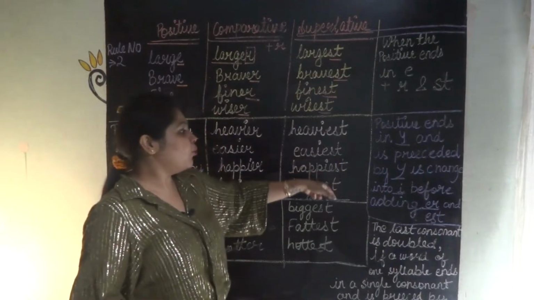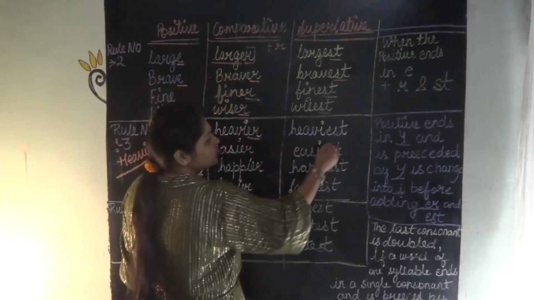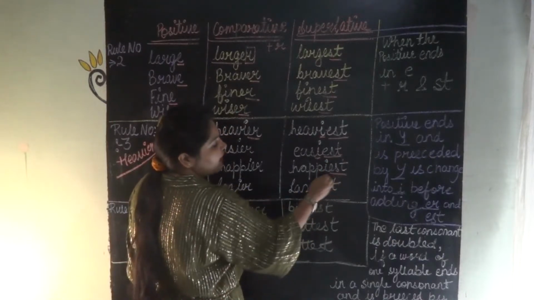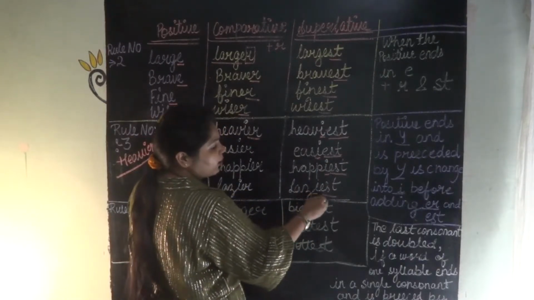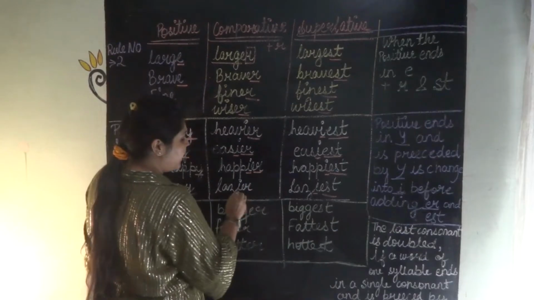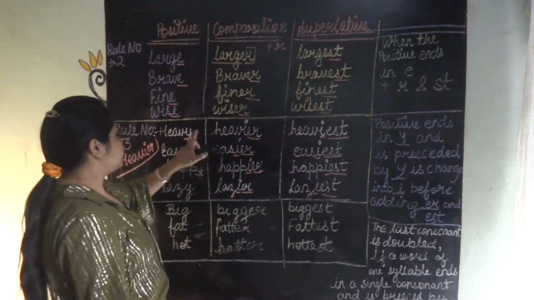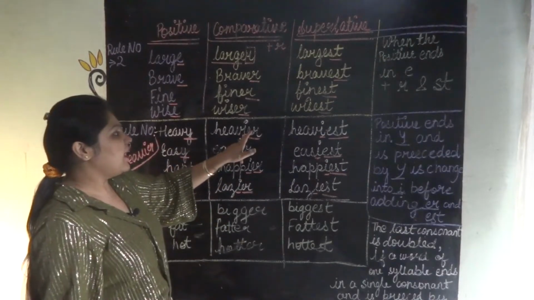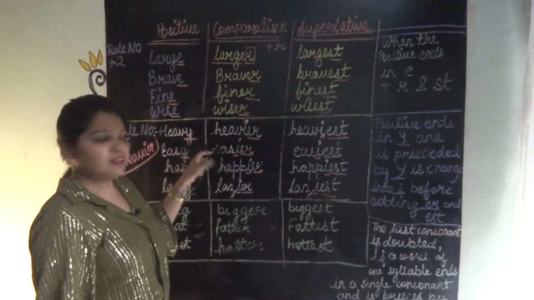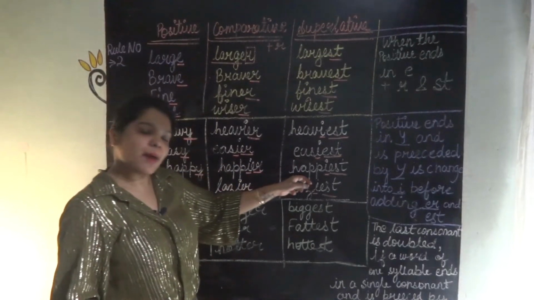We just remove Y from every word, add I, and put ER or EST. Like heavy, heavier, heaviest. Easy, easier, easiest. Happy, happier, happiest.